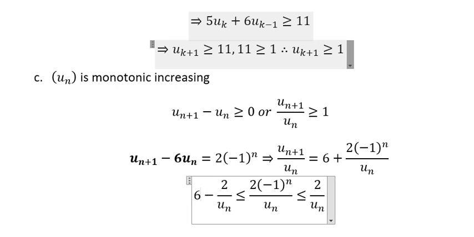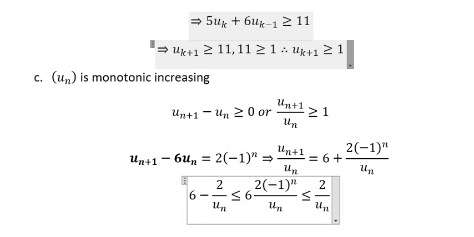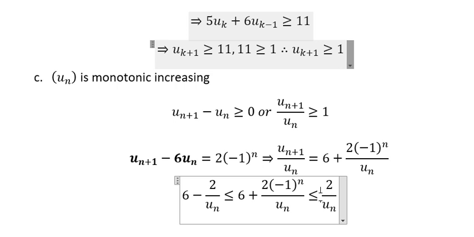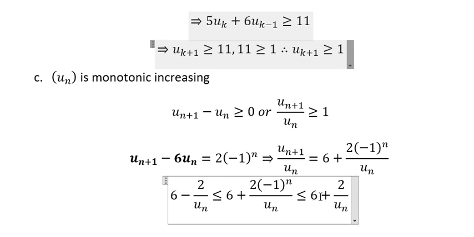So I'm going to put 6 here, here, and here. Now I will focus on the part where I have greater or equal to. So I'm going to forget about this less than or equal to here, because this man at the center is just equal to my Un plus 1 over Un.